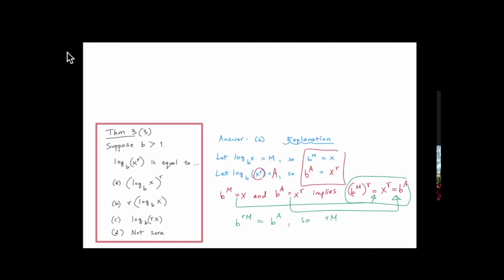So r times m is equal to a. So I have r times m, but m is log base b of x, and a is log base b of x to the r. So these two are equal.